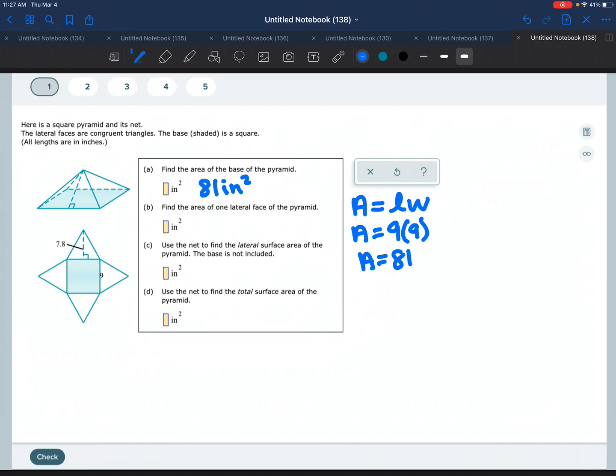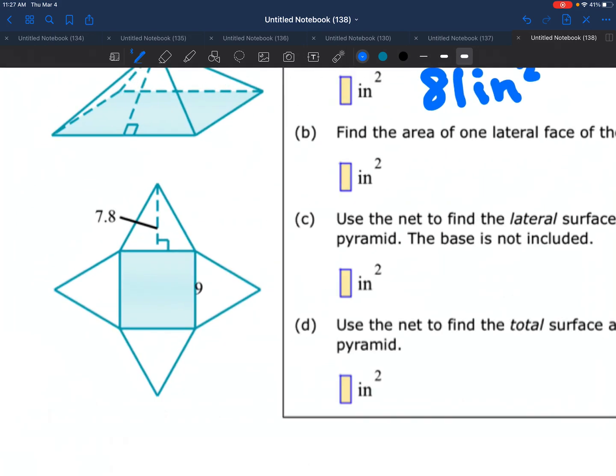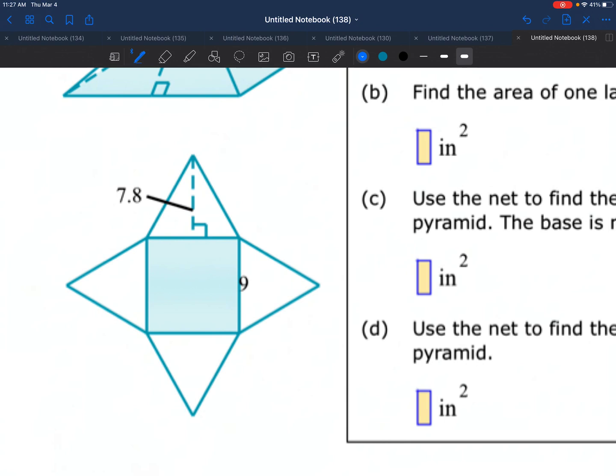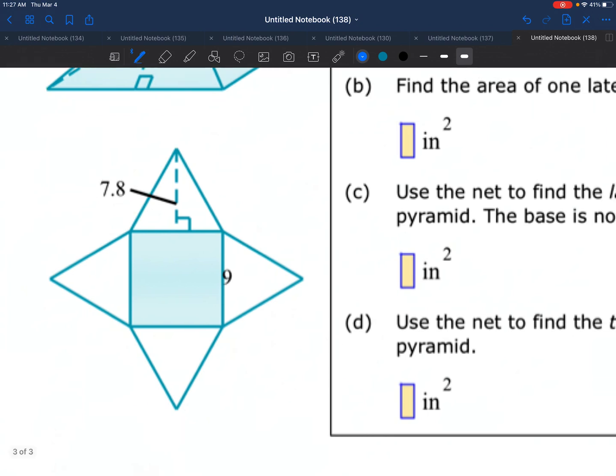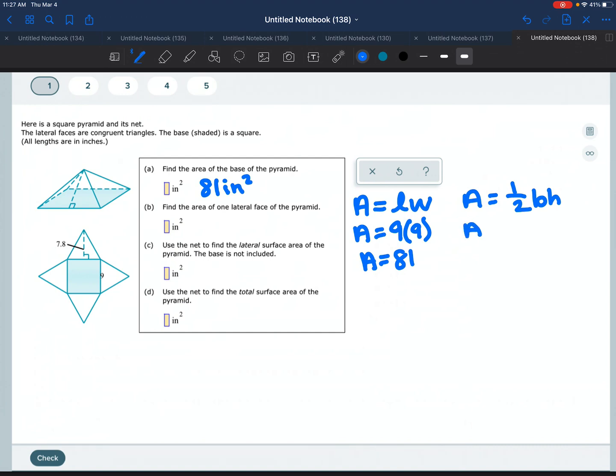Part 2 says, find the area of one lateral face. What is the lateral face referring to? The triangle, right? So, how do I find the area of a triangle? Yeah, half base times height. I'm going to zoom in so you can see. What's the base of each triangle? 9. What's the height? 7.8.